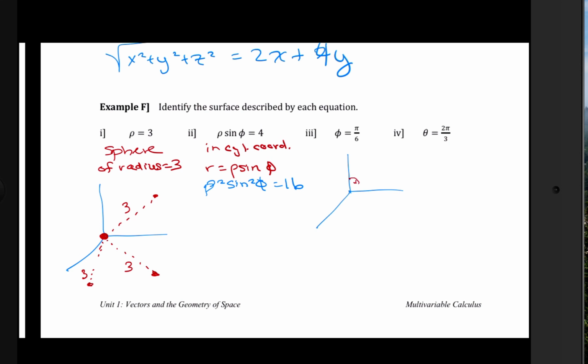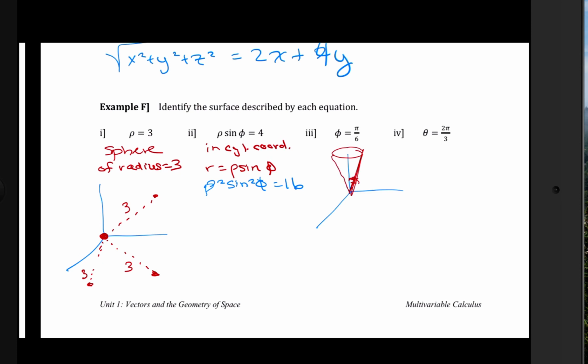So if that's pi over 6, no matter where I am on this surface, I'm pi over 6 from the z-axis. If you can visualize that, this ends up being a cone.